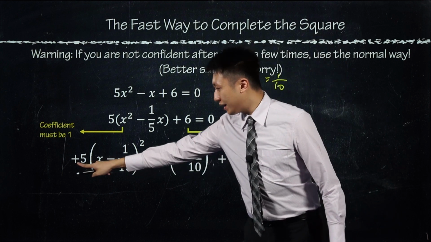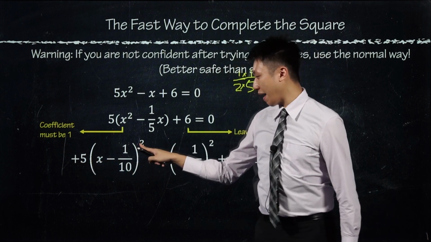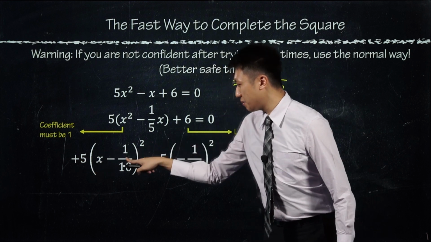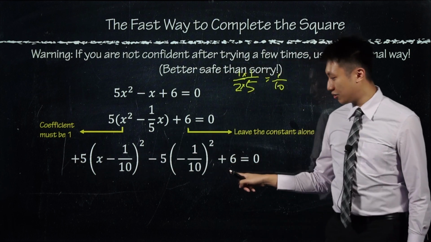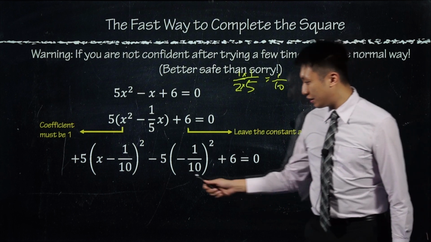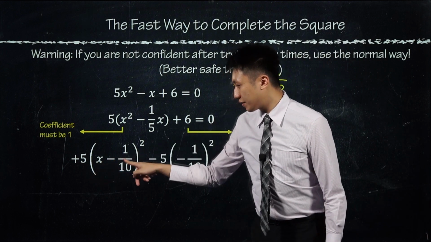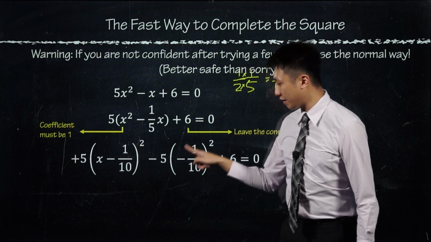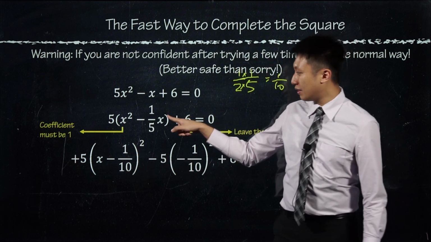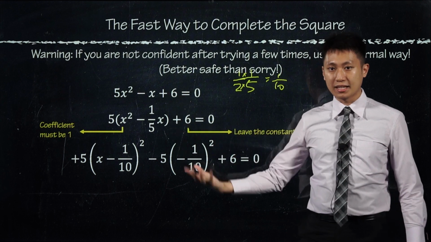I add this thing square, I have to minus this thing multiplied by this thing square again to get 0. This thing and this thing will be cancelled. You see, 5 times this thing square and minus 5 times this thing square. So the third term of the completing a square will be cancelled.